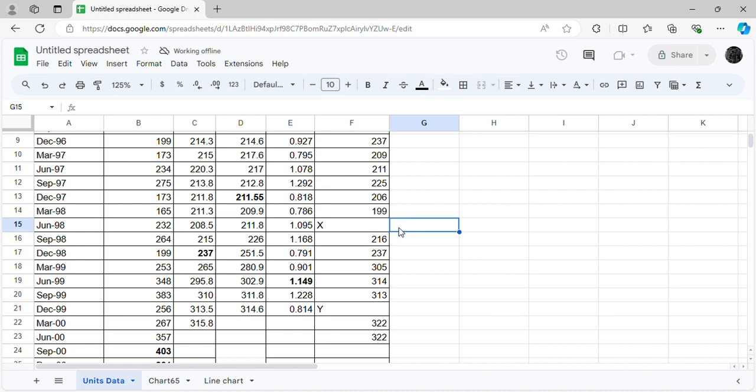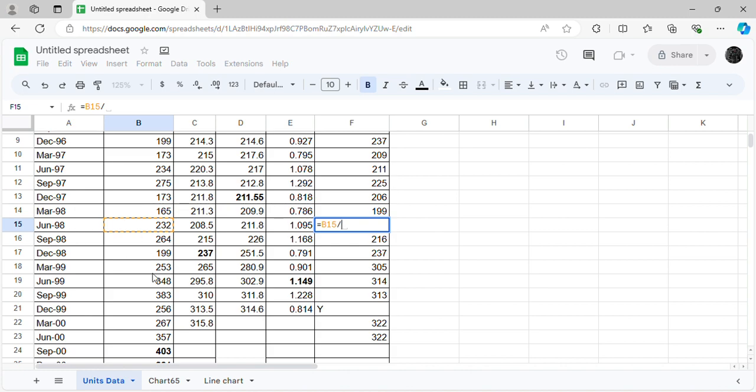Now for the missing value X, the deseasonalized value, let's make it bold, equal the original data value divided by the seasonal index for June 1998.